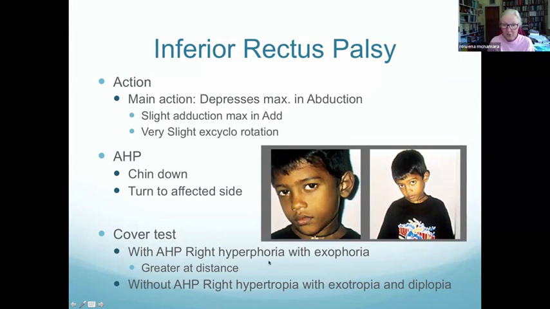And this is a vertical phoria because the muscle is a vertical acting muscle. Without his head posture, he would have a manifest squint, a tropia, right hypertropia, with exotropia, and he would have diplopia.